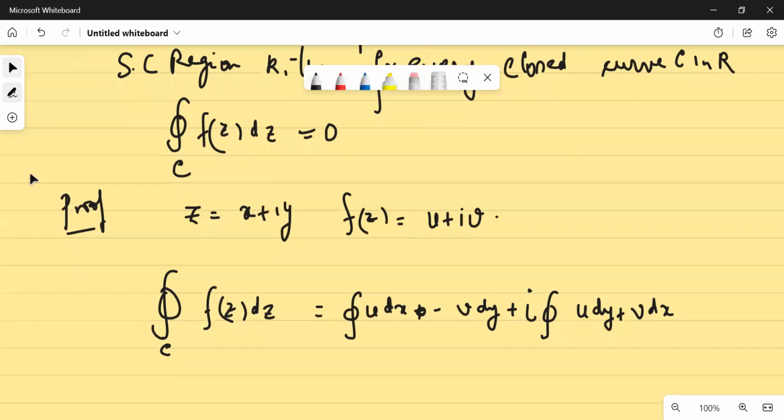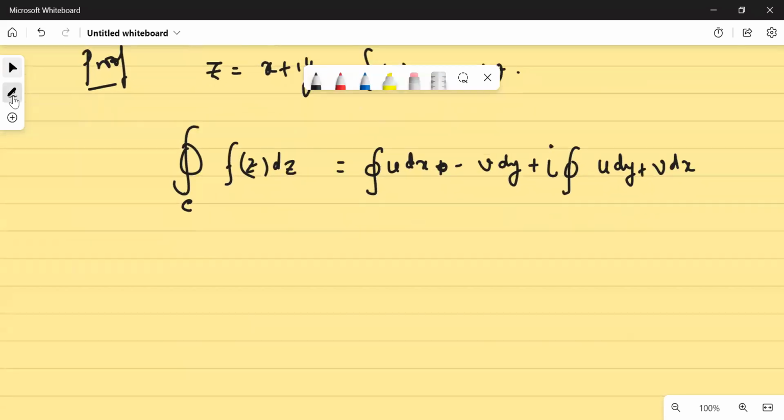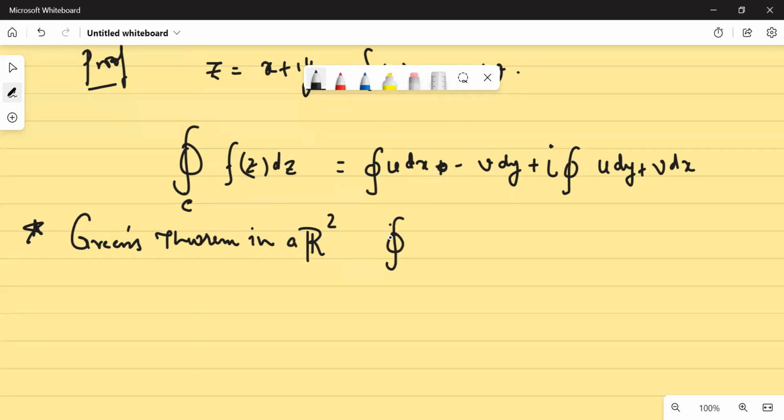Just to remind you, there's a theorem called Green's theorem in a plane, that is in R square. What does it say? It says that a line integral of p dx plus q dy over curve C can be transformed into a double integral of this sort.